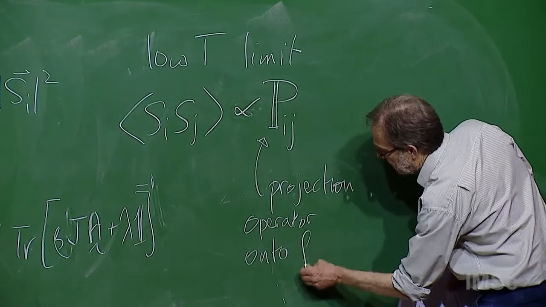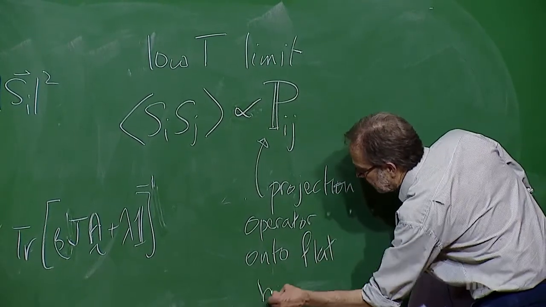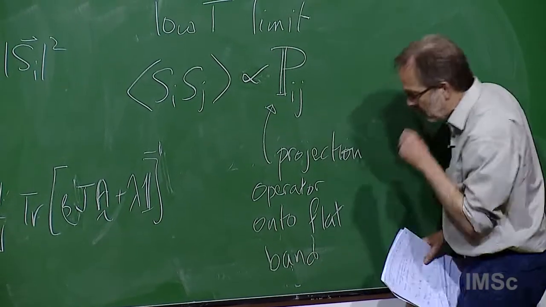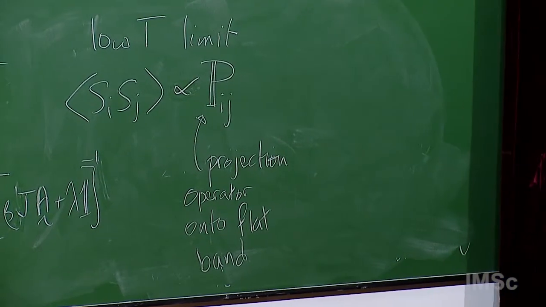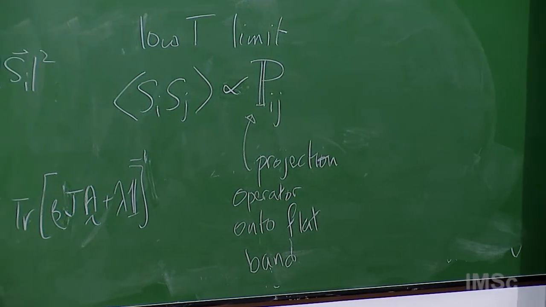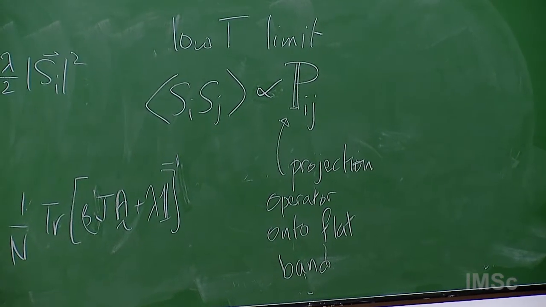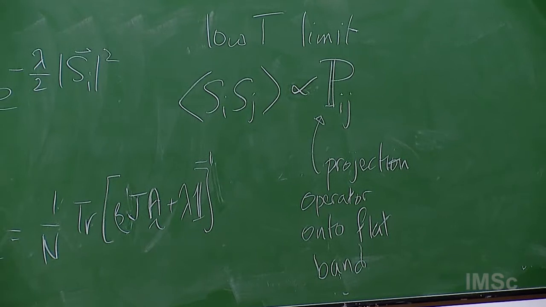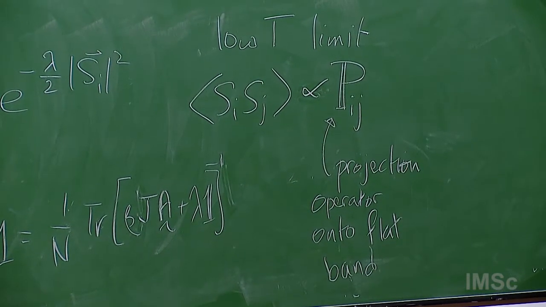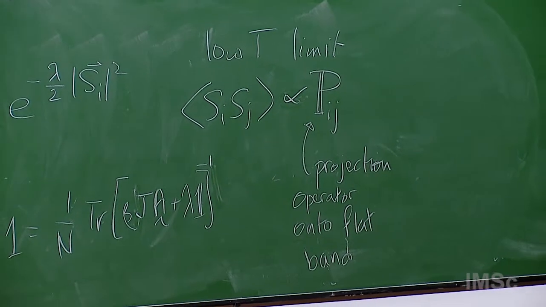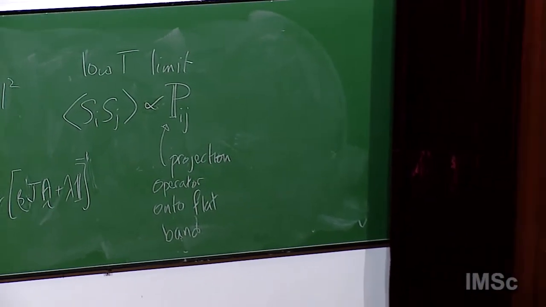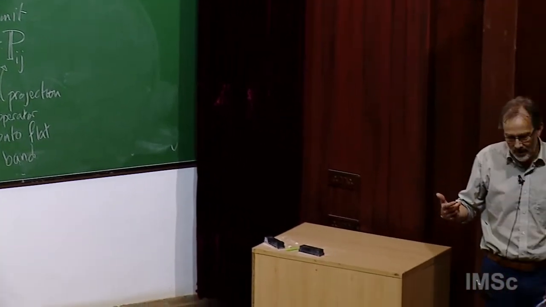So it's a projection operator onto the flat band that I was talking about. So put slightly differently, what this is saying is that within the self-consistent Gaussian approximation, at low temperatures, the system doesn't order into any one of these eigenvectors of the interaction matrix. Instead, it fluctuates between all of them precisely because there's this macroscopic number of degenerate modes.